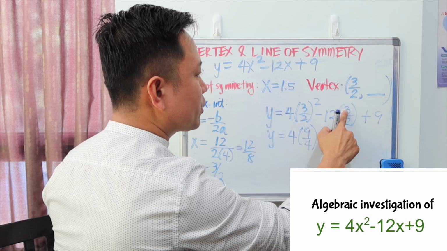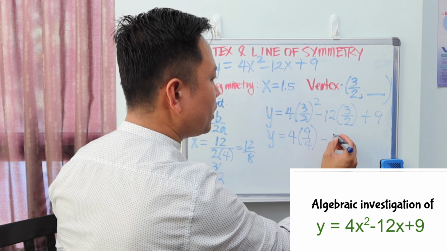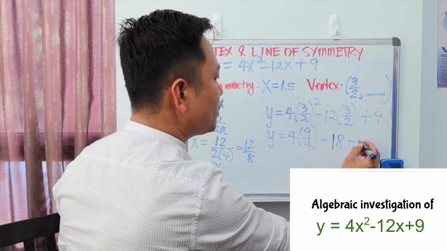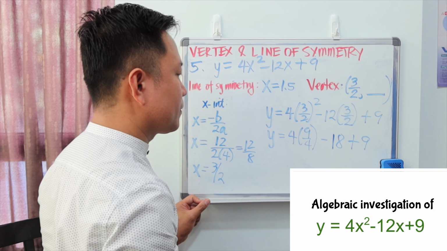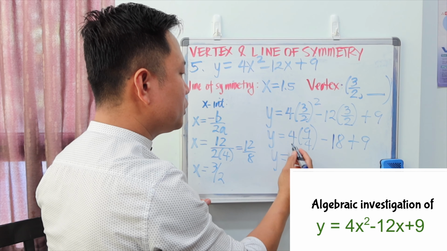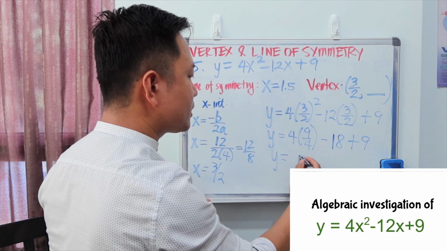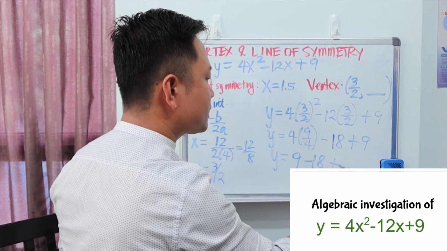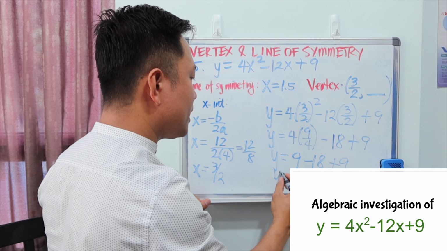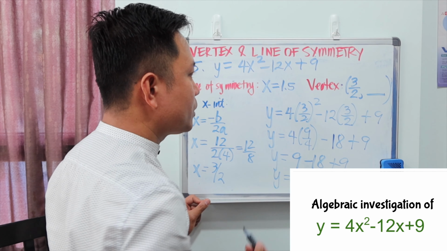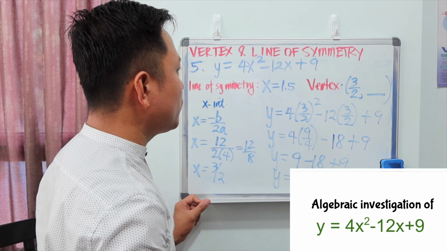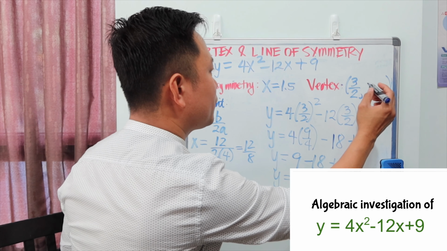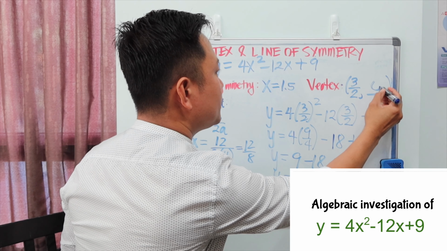Minus 12 times 3, 36, divided by 2 is 18. And then we have plus 9. Multiplying 4 times 9/4, that's 9. Minus 18 plus 9, and that gives us 0. So the quadratic function will have a vertex of (3/2, 0).